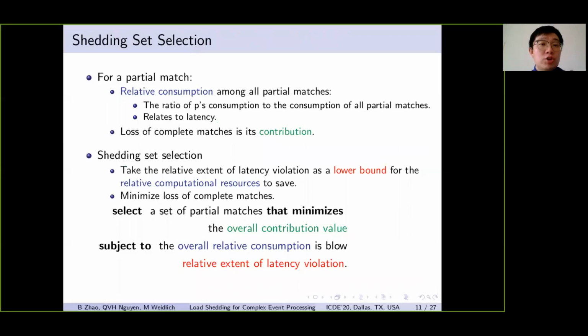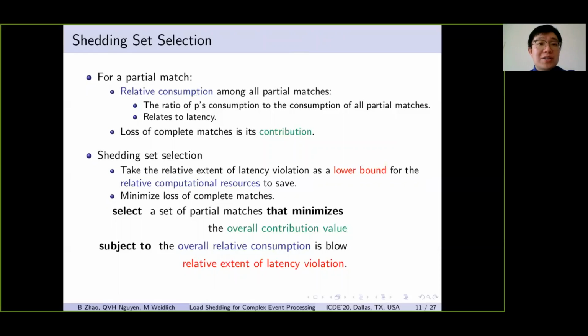We now introduce how to select the shedding set. For a partial match, we consider its relative consumption as the ratio of its own consumption to the consumption of all the partial matches. It is linked to latency saving. Loss of complete matches is its contribution value. Therefore, we define the shedding set selection as an optimization problem.